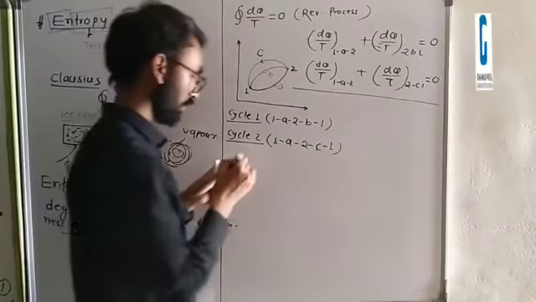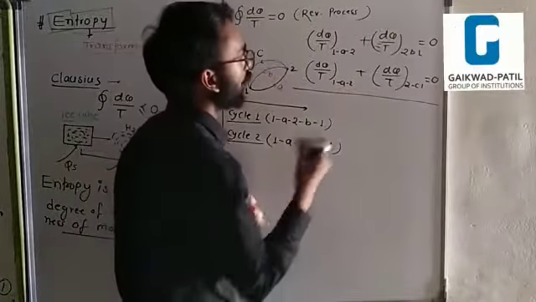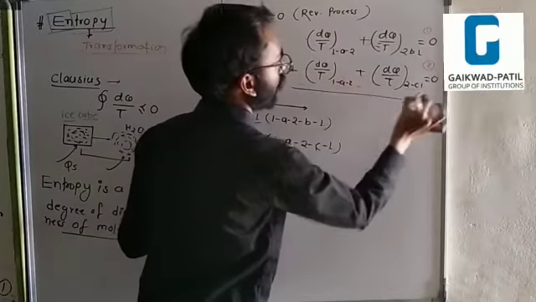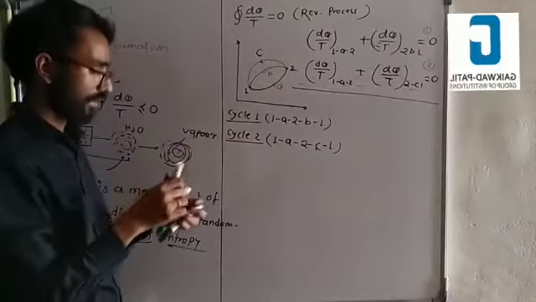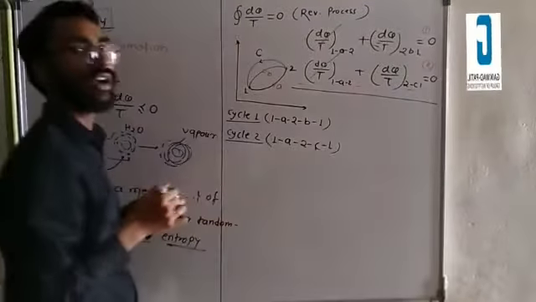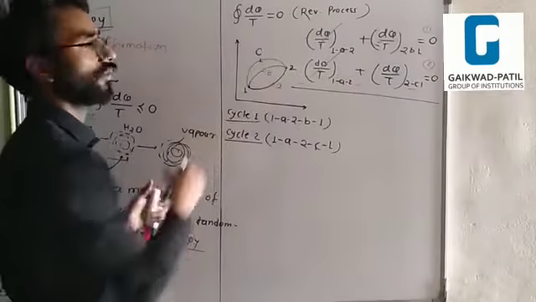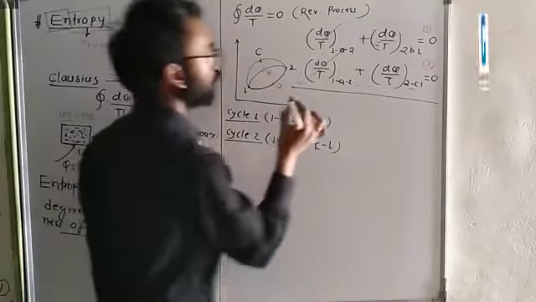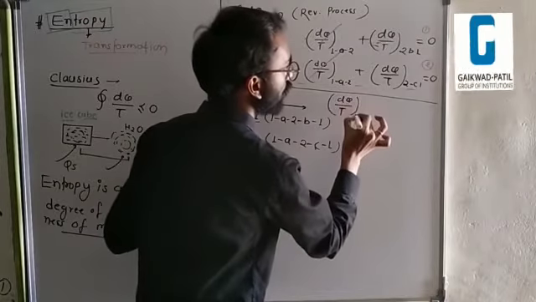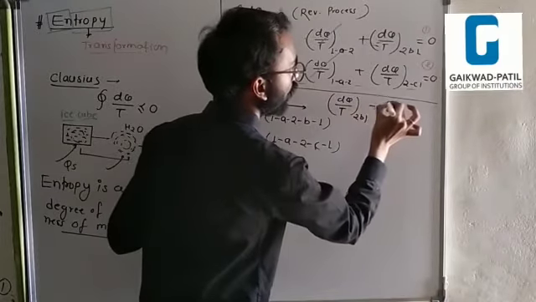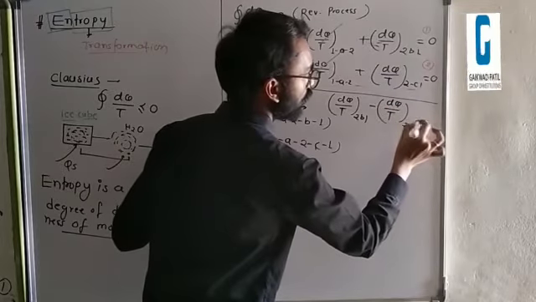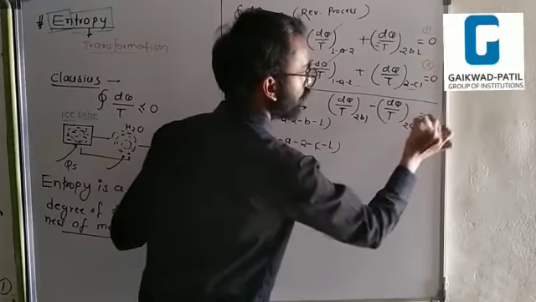Look at here. From equation number 1 and equation number 2, you can simplify these equations. This term and this term cancel out because the same path is followed. Now dQ over T along 2B1 minus dQ over T along 2C1 is equal to 0.